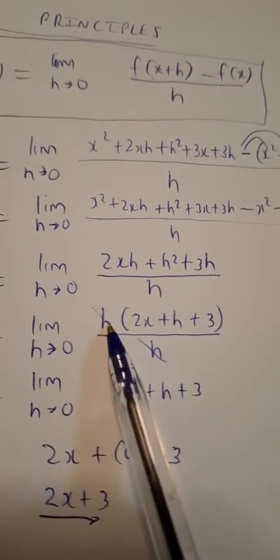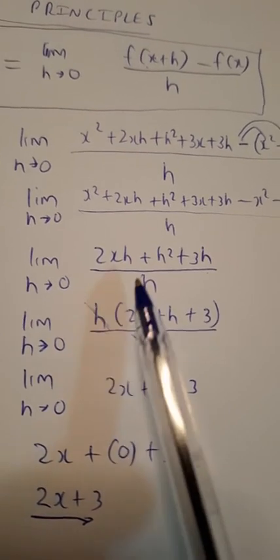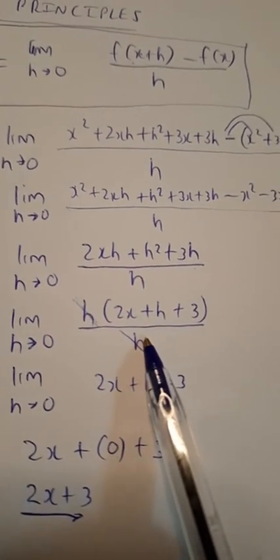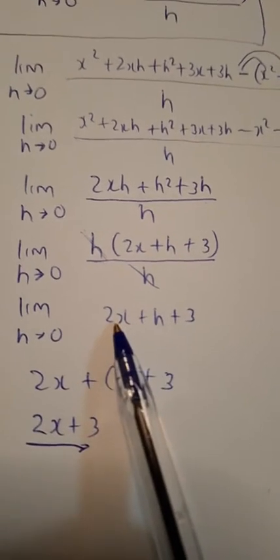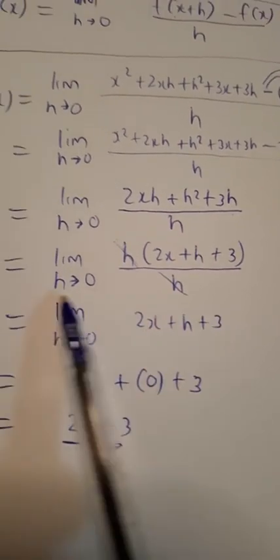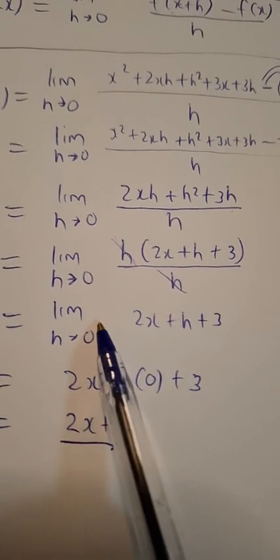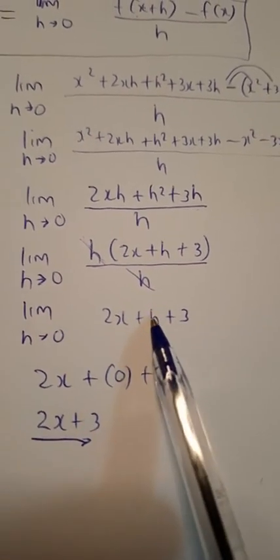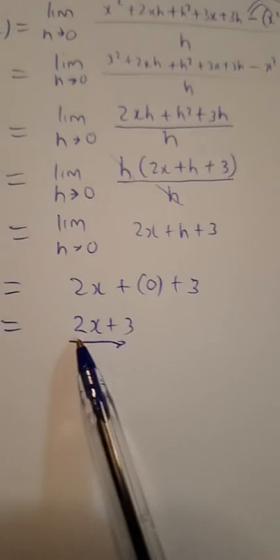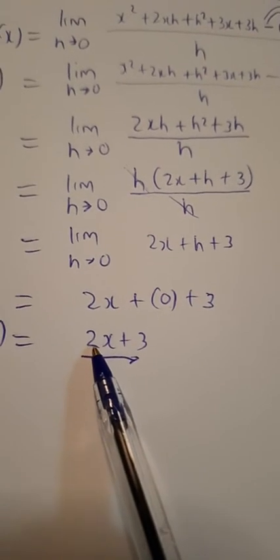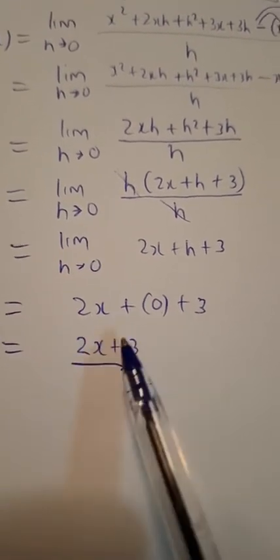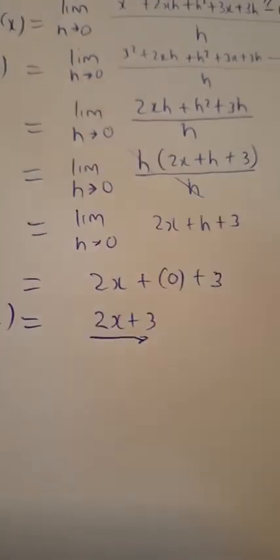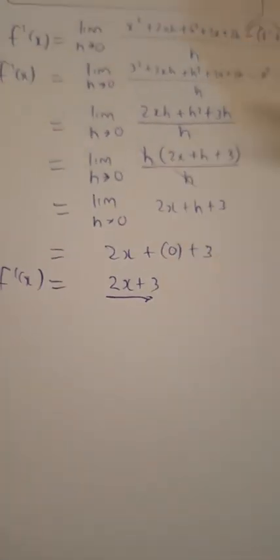We take out the common factor h so that we can eliminate the denominator. Through simplification, we're left with 2x plus h plus 3. At this stage, we are ready to check what the expression will be when 0 is substituted for h, and that would be the derivative, because as h approaches 0, the derivative of f of x is 2x plus 3. There it is. Okay, step by step.